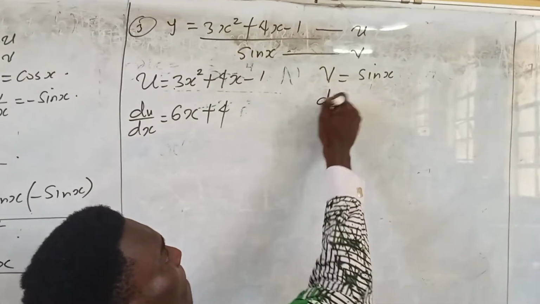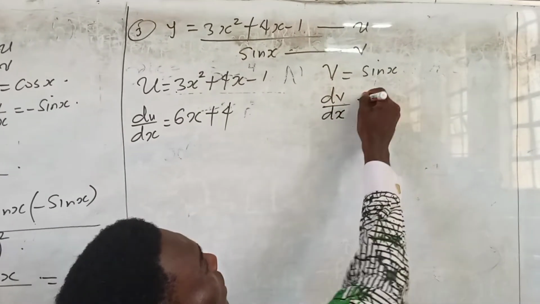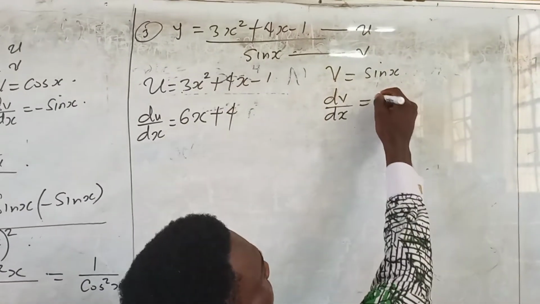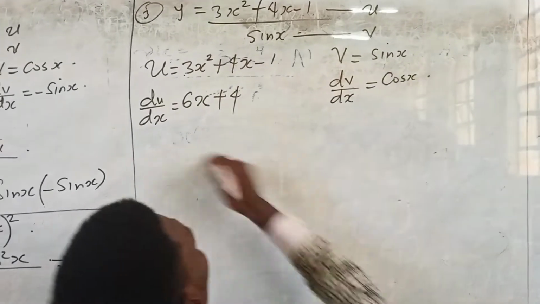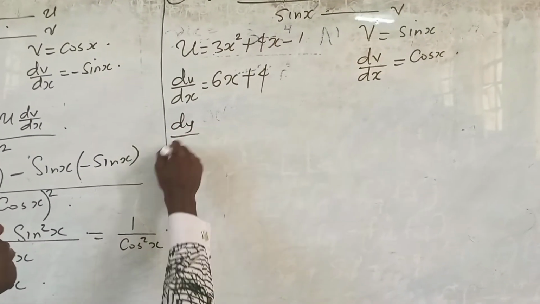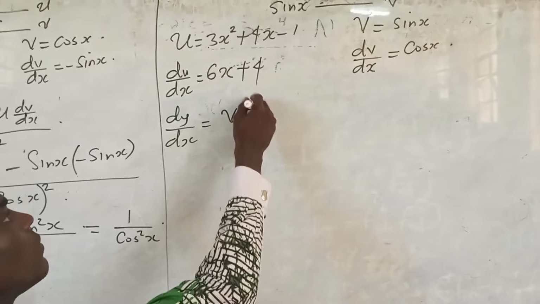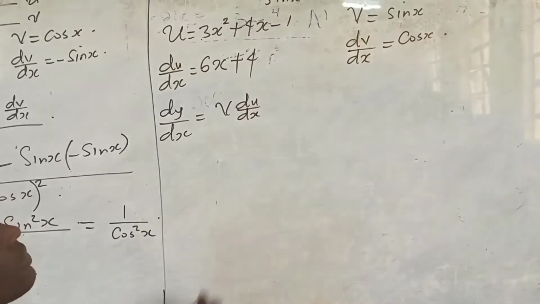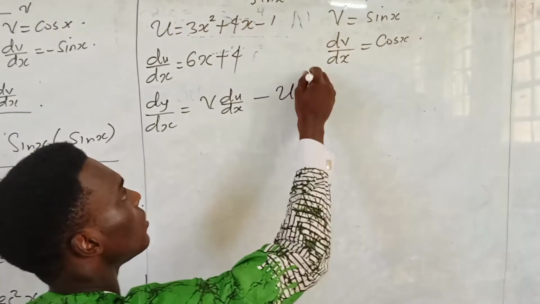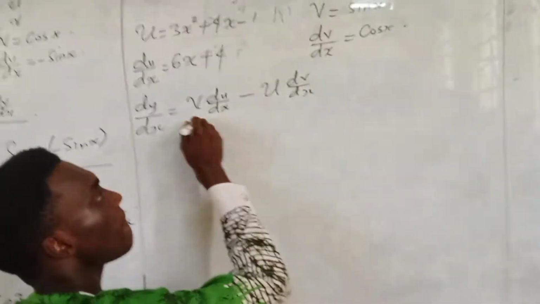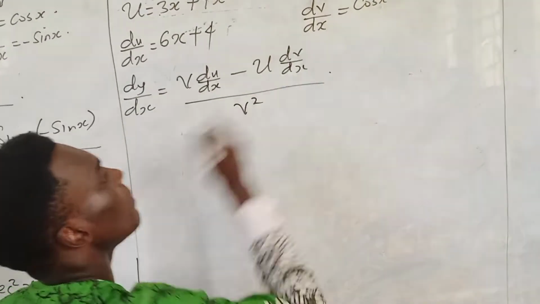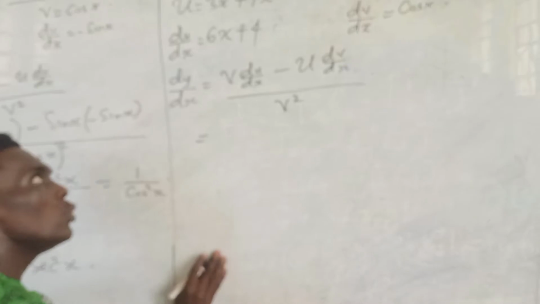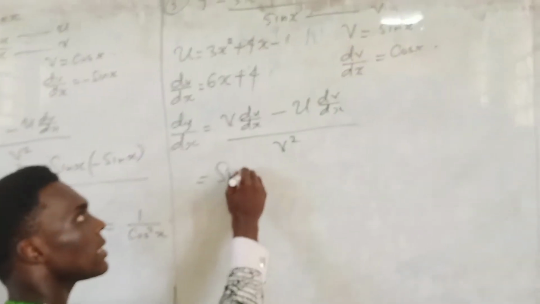So dv over dx, if we differentiate sine x, it gives us what? Cos x. So applying the formula of quotient rule, we have v du/dx minus u dv/dx, then v squared. So now, our v is sine x.